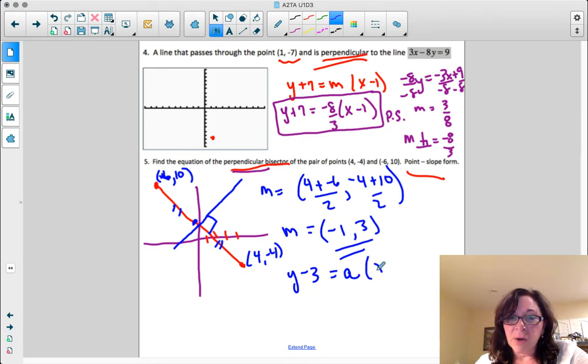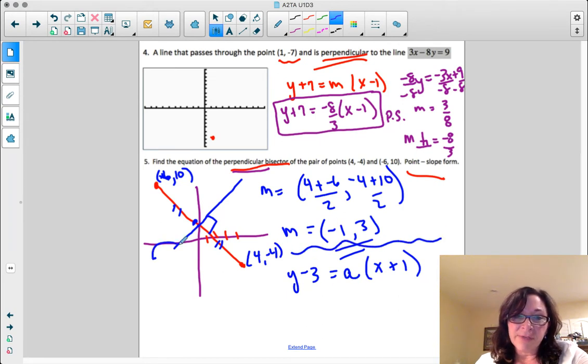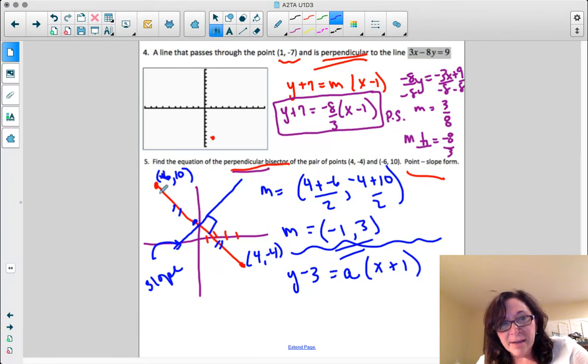And then we're going to go x plus 1 so that we don't get the two confused. Okay, so now we have to find the slope of this line. In order to find the slope of that line, I need to take the slope of the red line and find the perpendicular, which is the negative reciprocal of that.